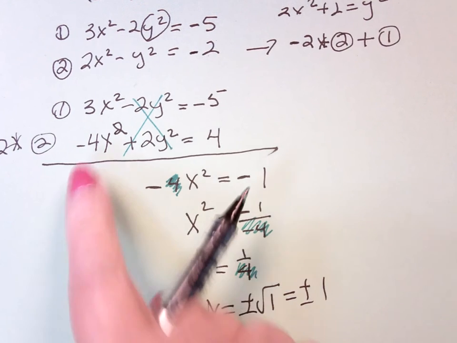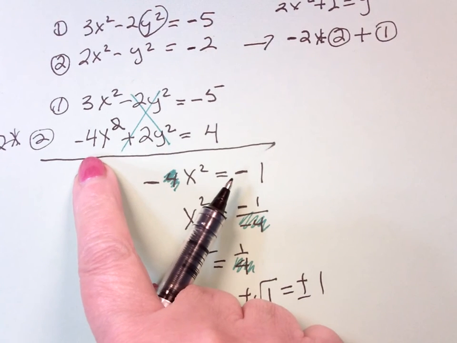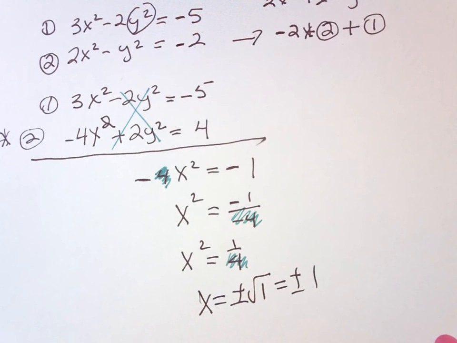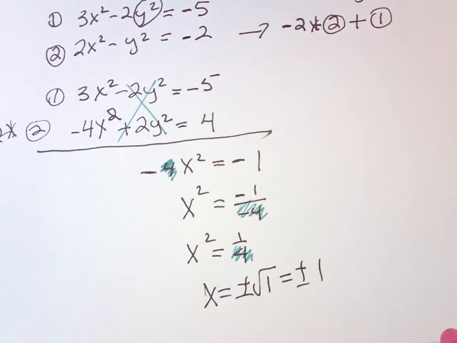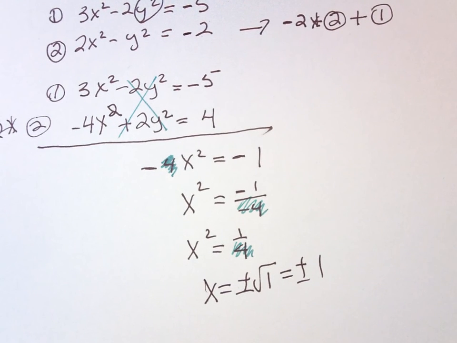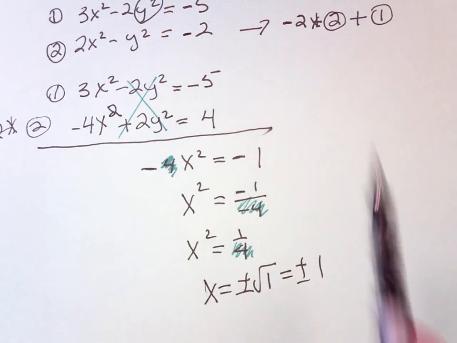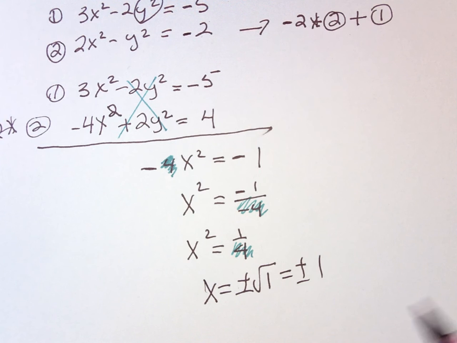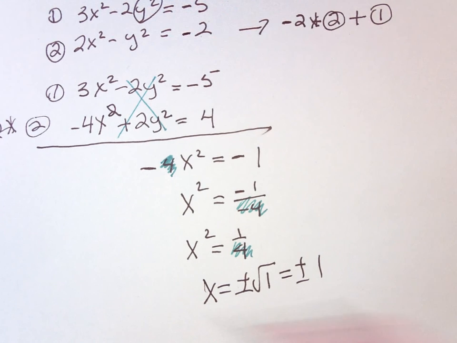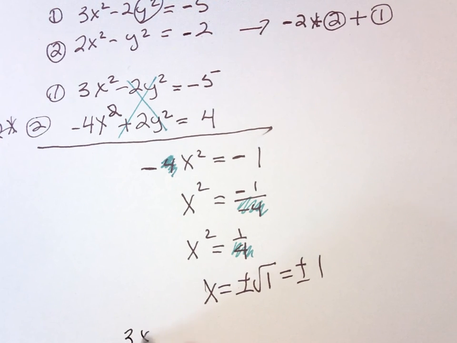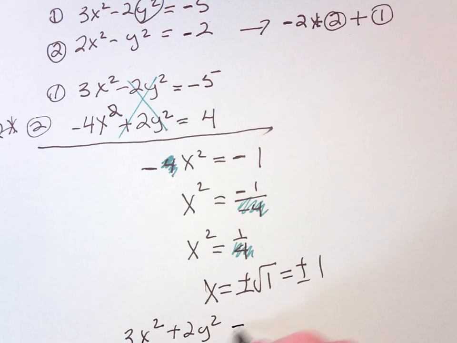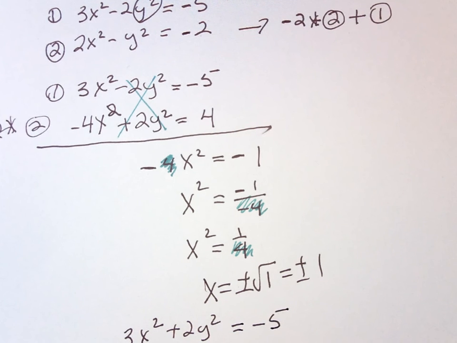I was worried about that 4 from the time I started multiplying by negative 2, by that 4x squared. And now I know that I've got 2 equations. Doesn't matter which one I use. Is that 3x squared plus 2y squared equals negative 5.